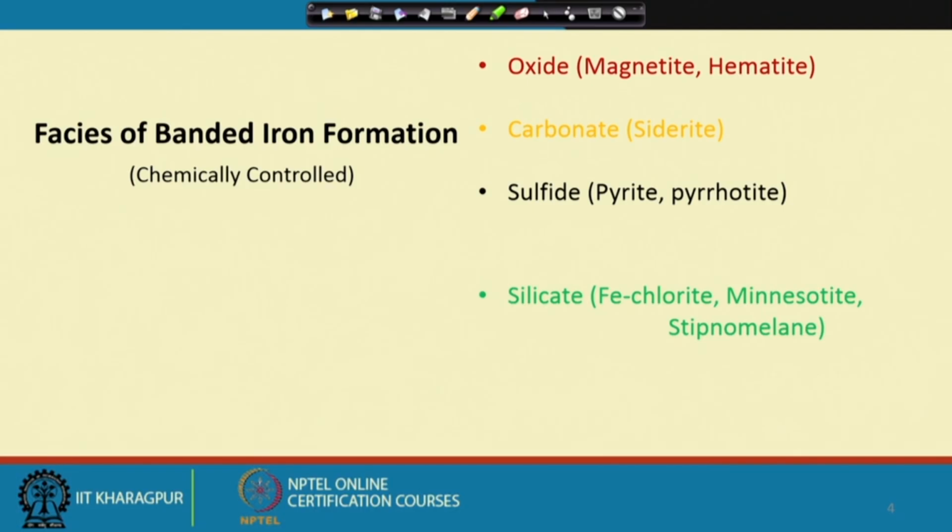These facies are divided into oxide facies, dominated by magnetite and hematite, carbonate facies, sulfide facies, and the silicate facies. The silicate facies is characterized by different types of ferruginous clays, minnesotaite and greenalite, and similar clay minerals. And the sulfide facies is dominantly pyrite, almost like pyritic black shales.